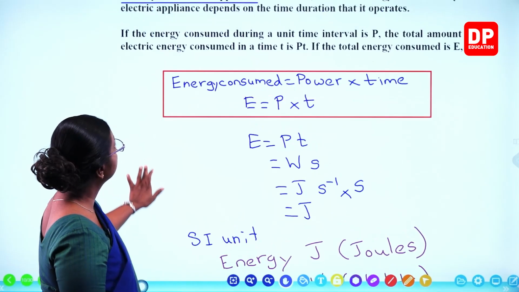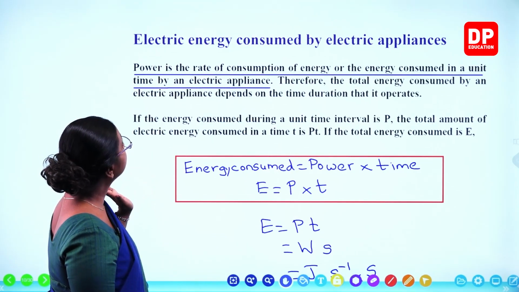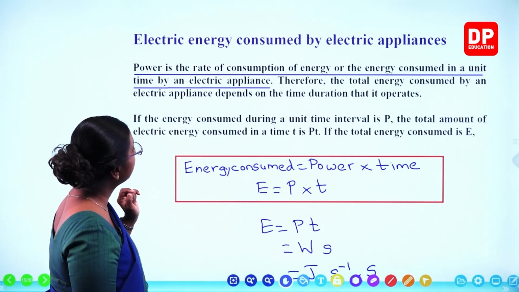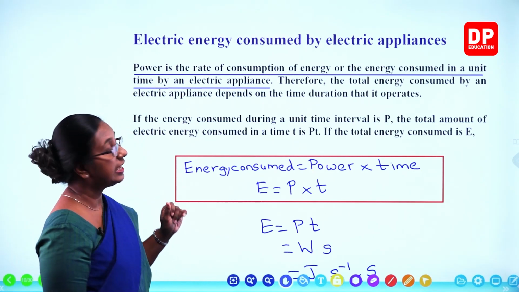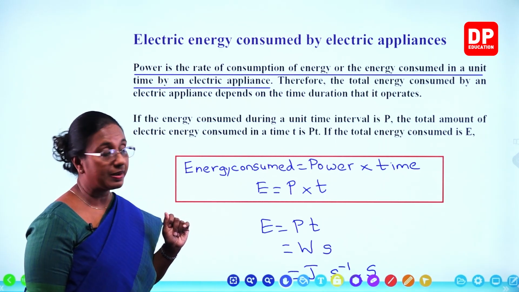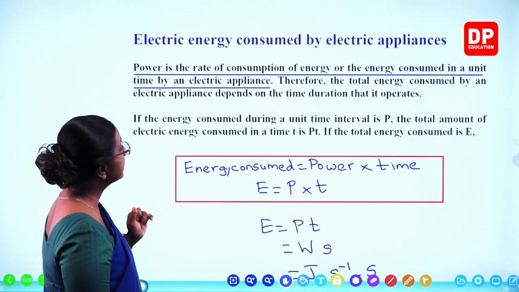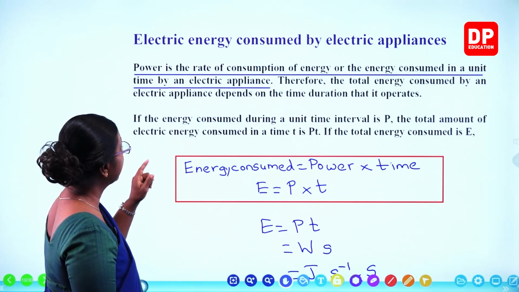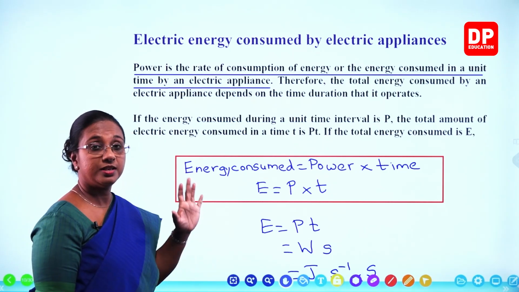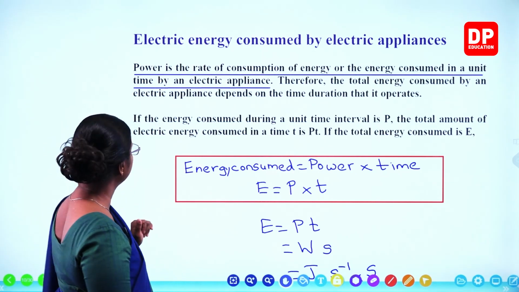So, if we look at it, electric energy consumed by electric appliances: power is the rate of consumption of energy, or the energy consumed in a unit time by an electric appliance. Therefore, the total energy consumed by an electric appliance depends on the time duration that it operates. So, it depends on both power and time duration.